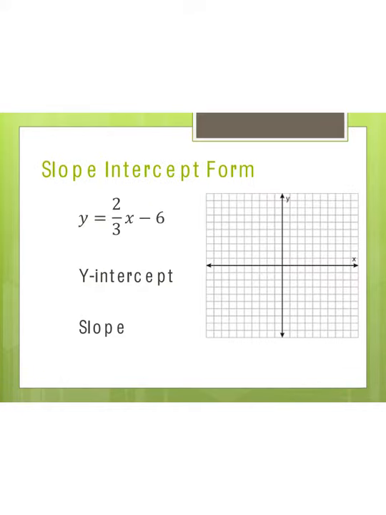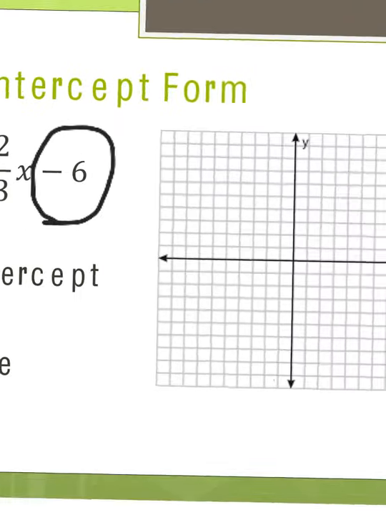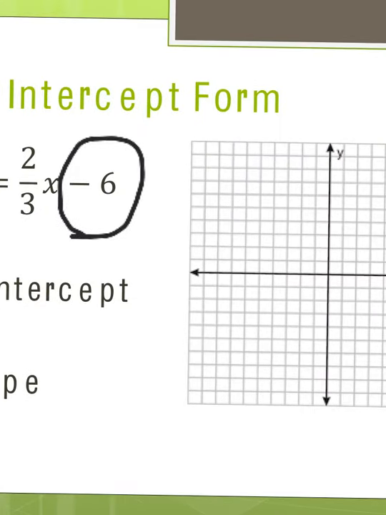If we're using the slope-intercept form to graph, we could plug points in and create a table of values if we wanted to, and we could put 0 in for x and we'd get -6, et cetera. But since we already have one of the points here, I'm going to blow this up. I have it at -1, 2, 3, 4, 5, 6.